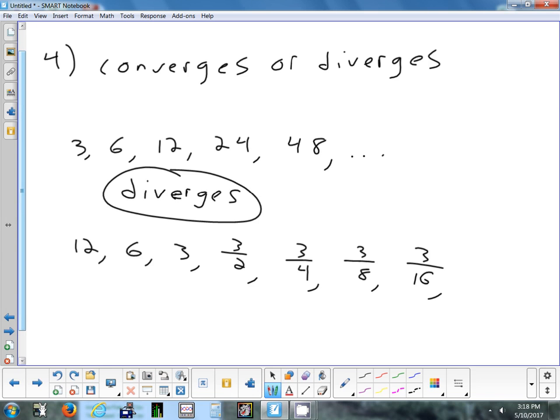Took half of it, just keep taking half each time. If you continue to look further and further down, eventually this number is going to get closer and closer to 0. So we say that converges because it's approaching a number. We'll look more at that tomorrow, but that's the idea. Diverges approaches infinity; converges gets closer and closer to a number.